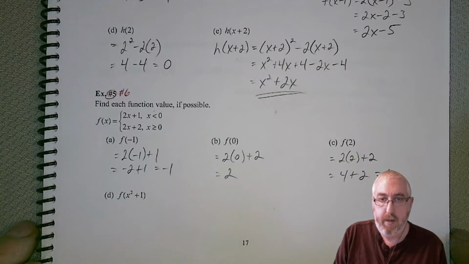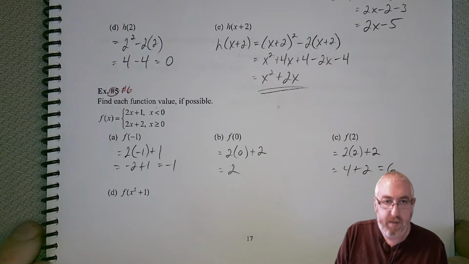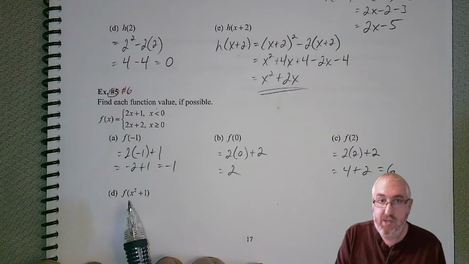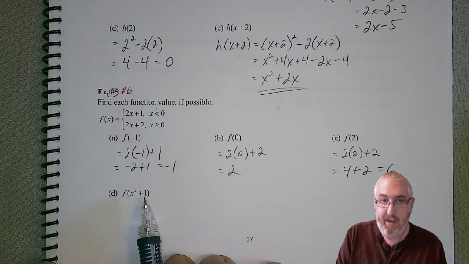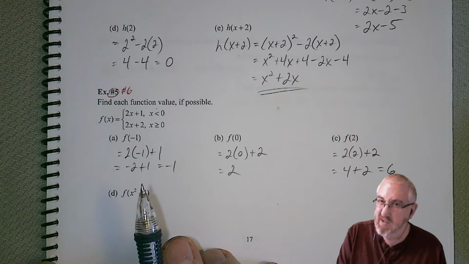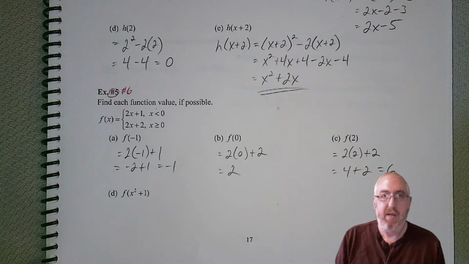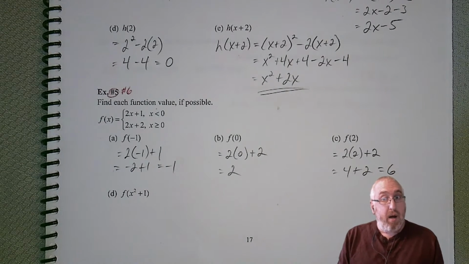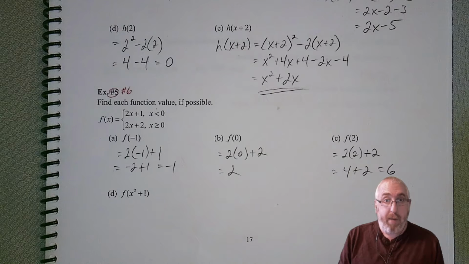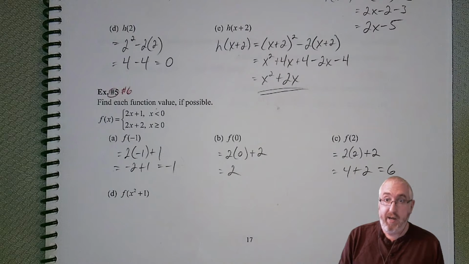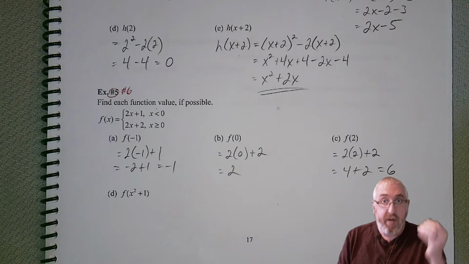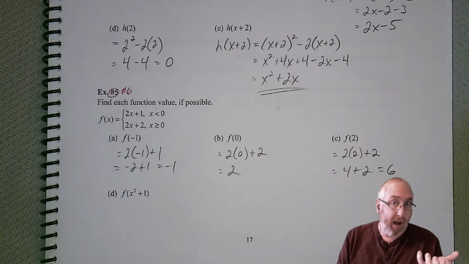All right. And so now this last one. So now we have an expression to plug in to a piecewise function. Well, we still want to know what pathway we're plugging it into. Are we going to end up with another piecewise function or not?